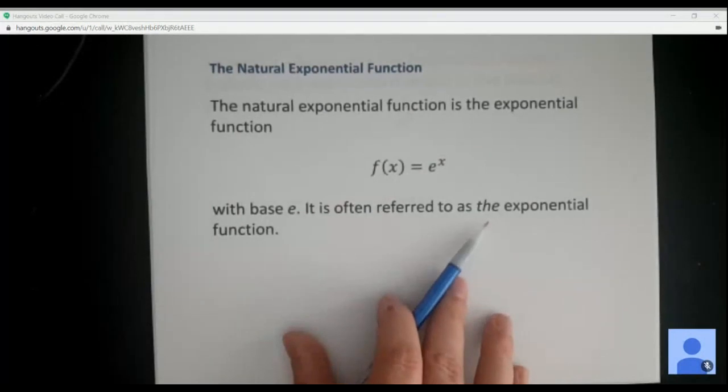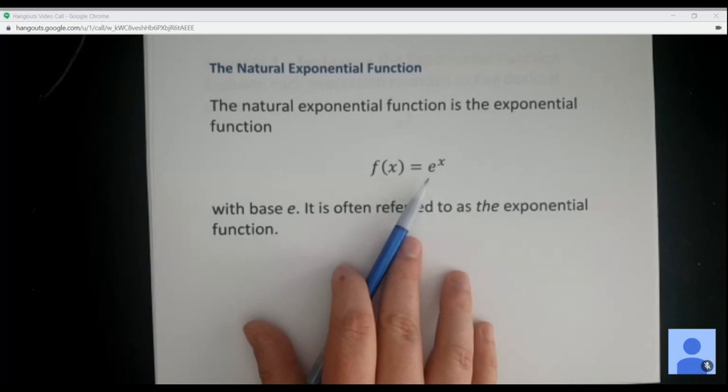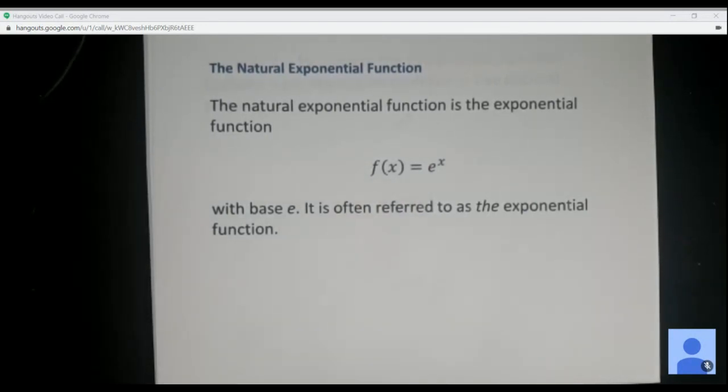So if you see the exponential function, just know this is the one they're referring to. Now, this base of e, this e is actually a number, okay? Kind of like pi is actually a number, even though it's a symbol, it represents a number. Same thing with e. So on your calculators, as long as you've got a scientific calculator or a graphing calculator, you should have an e key on there.